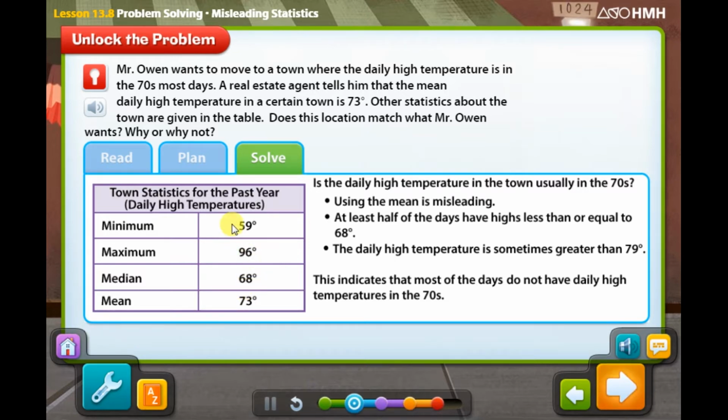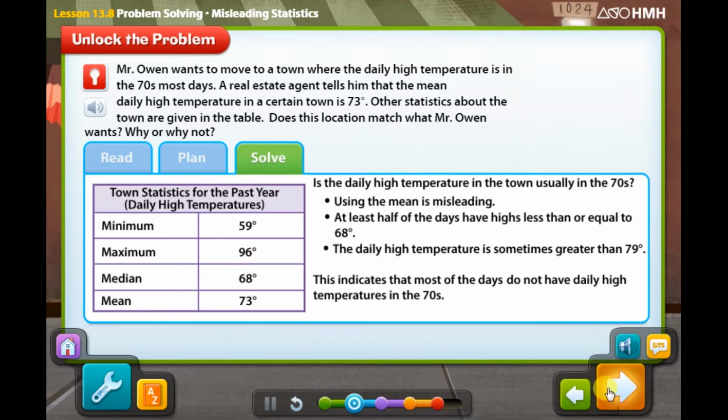Also, the maximum and minimum temperatures are not near the 70s. So this means the location that Mr. Owen is looking to settle in is not appropriate, since the temperature will not be between 70 and 79.